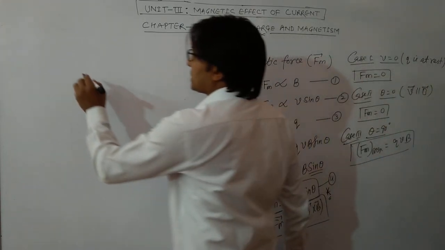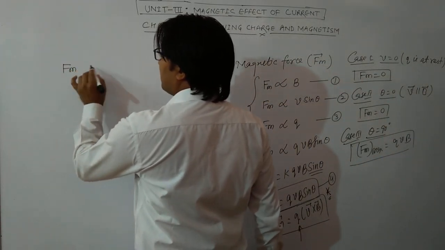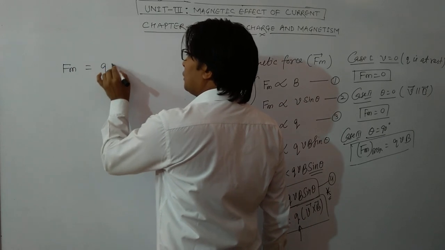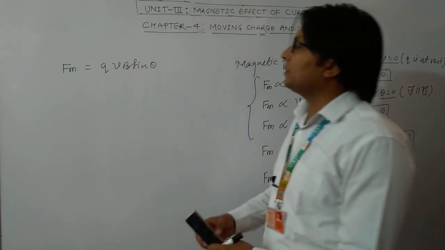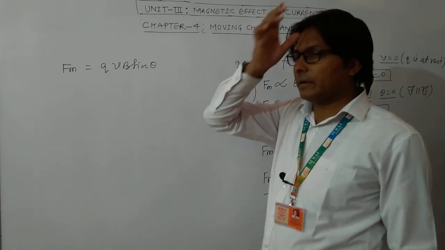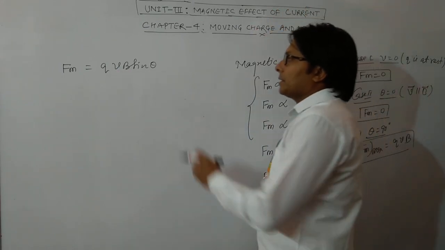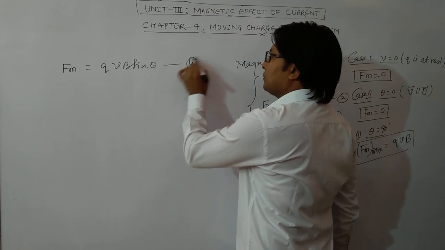The magnetic force Fm in magnitude can be written as QVB sine theta, where theta is the angle between the velocity vector and the magnetic field vector. Okay, so this was equation 4.